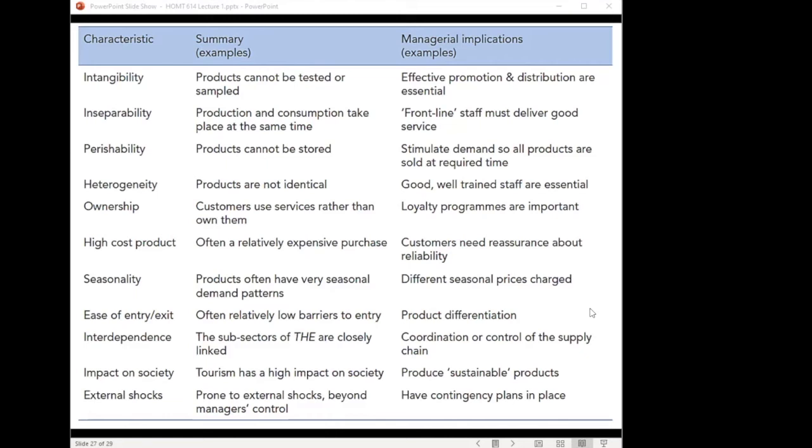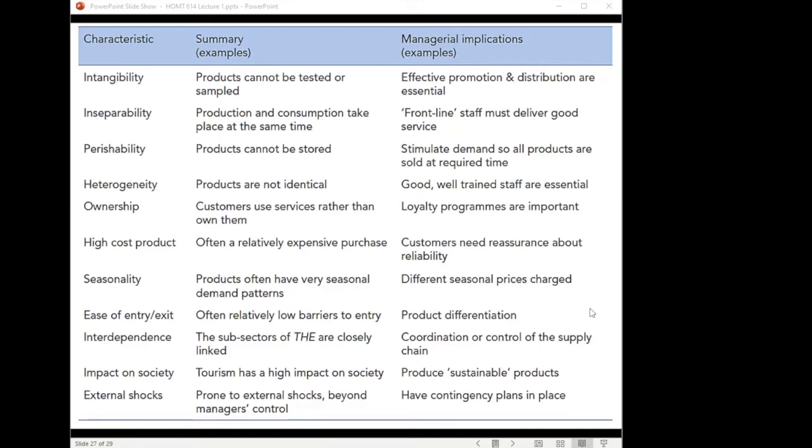And they did so to be able to stimulate demand so that their products can be sold the way they want them to be sold at the required time, leading them to do what we discussed in terms of timeshare, by selling certain slots during off-peak seasons to guarantee that they can offset the effects of some of the perishability characteristic that we talked about.